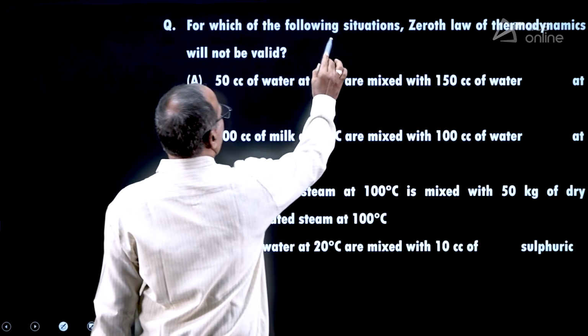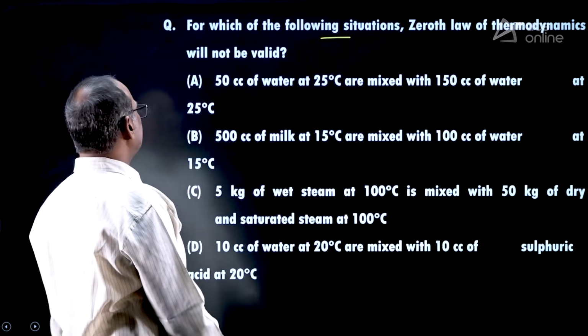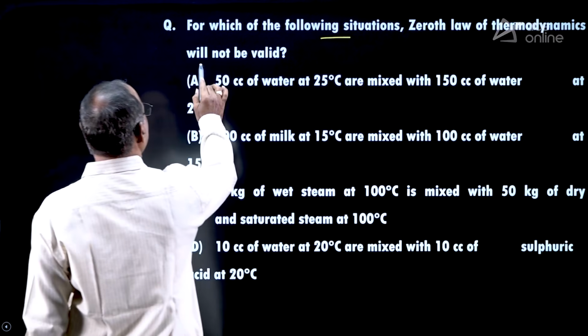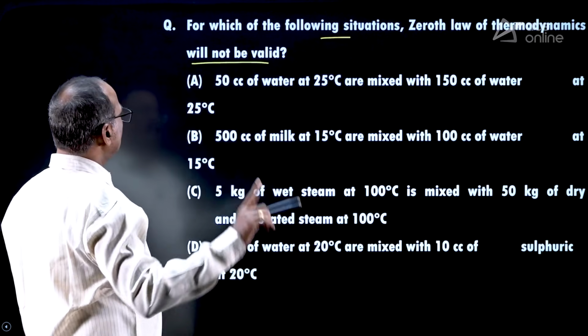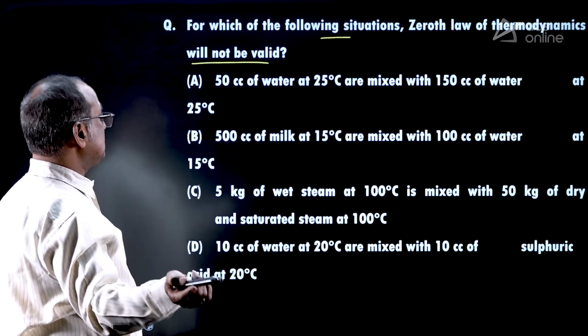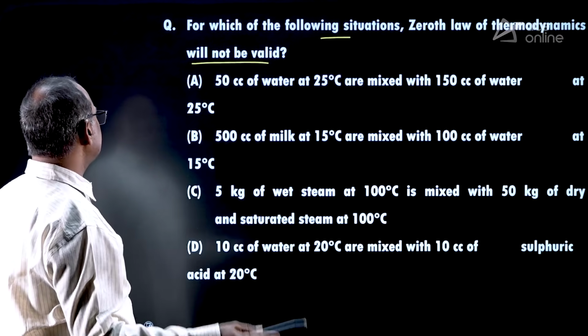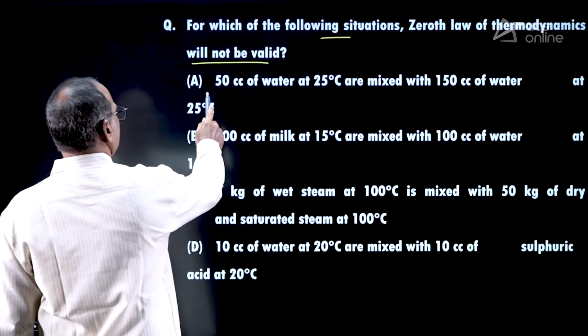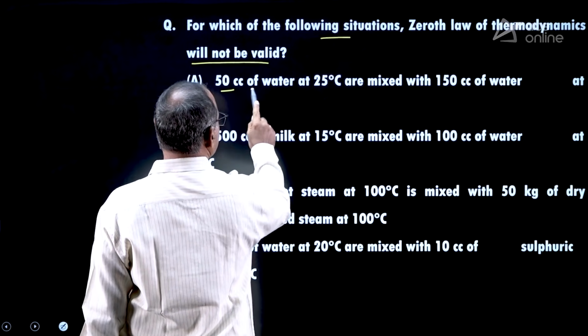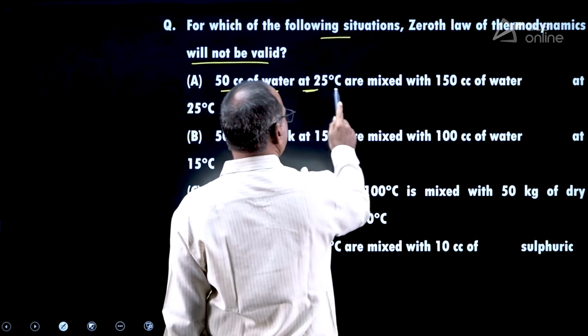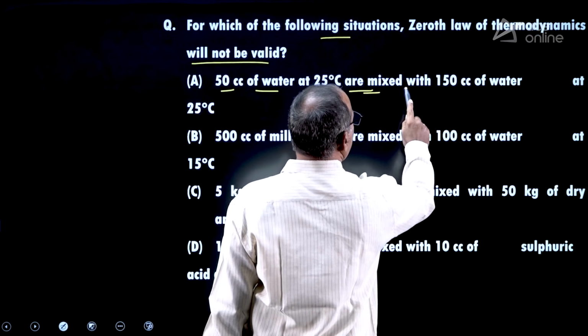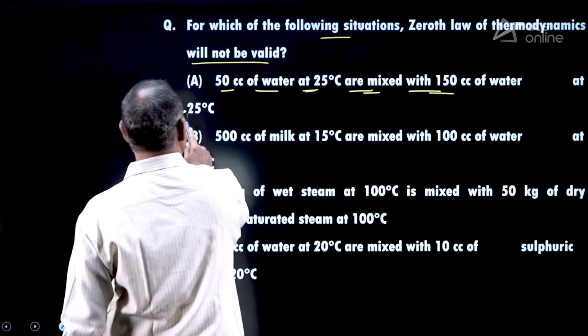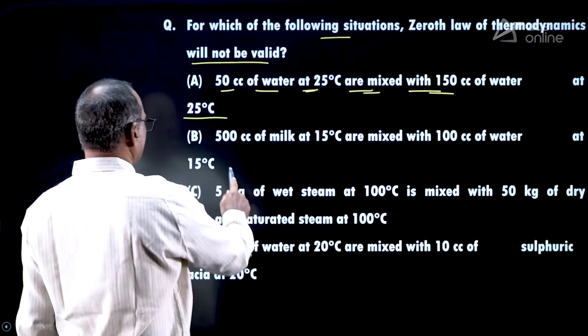For which of the following situations will the zeroth law of thermodynamics not be valid? Option A, 50 cc of water at 25 degrees centigrade is mixed with 150 cc of water at the same temperature.